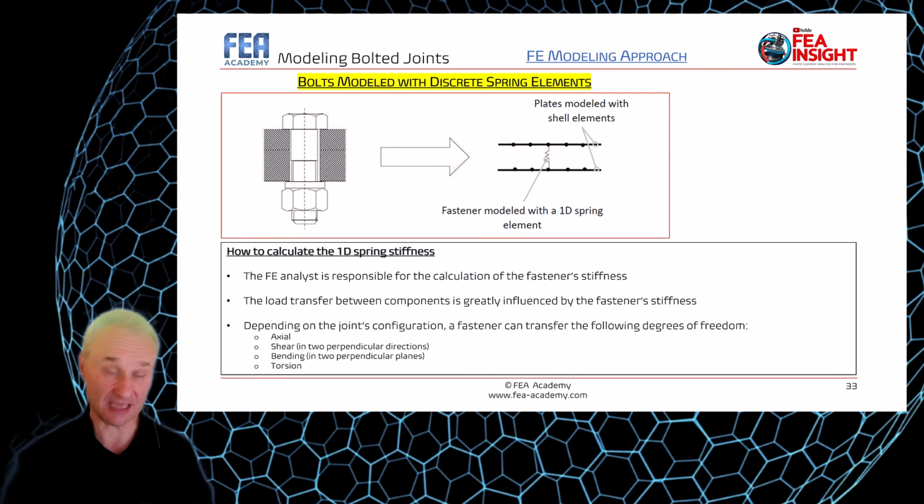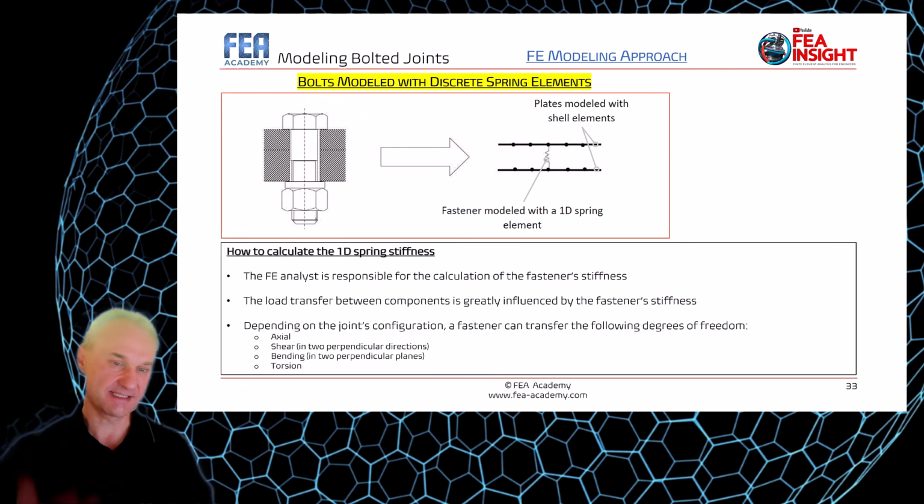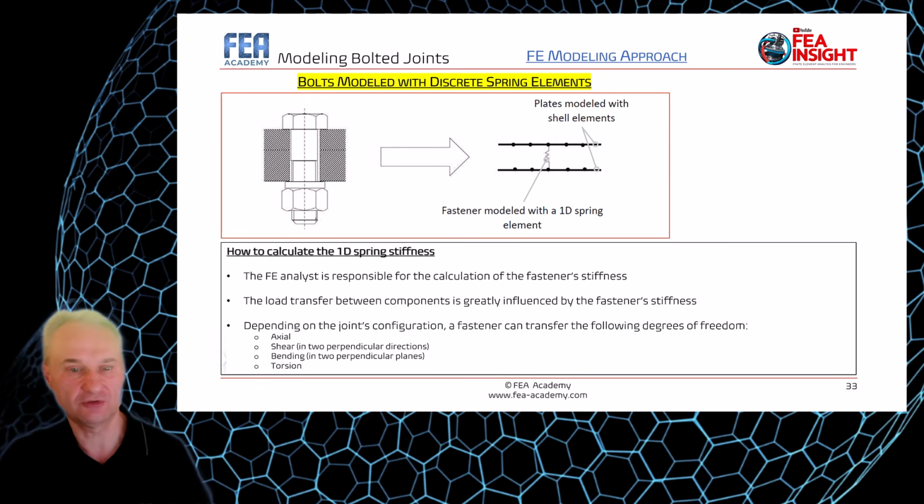Keep in mind that when you use a shell element, for example, you tell the solver the surface by the mesh, you tell the solver the thickness, the material, so the solver is able to calculate the stiffness. It is not the case for a 1D spring element. Okay, for the 1D spring element, you just inform the solver of the 2 nodes connecting the spring.